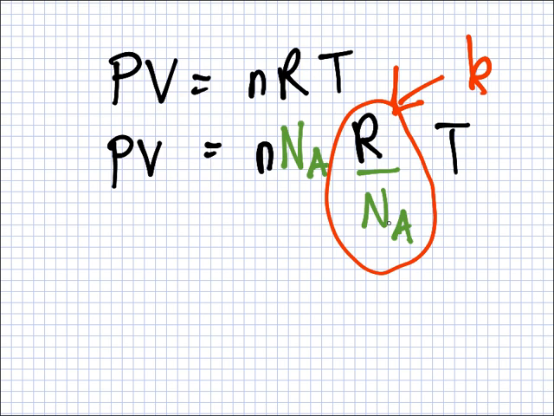What constant is NA? Avogadro's. Now, what is n times NA? The number of moles times Avogadro.